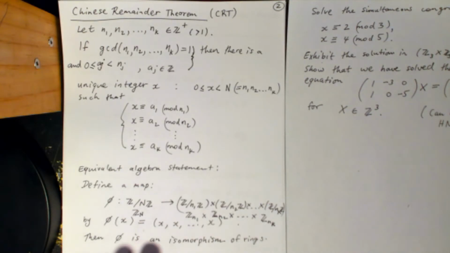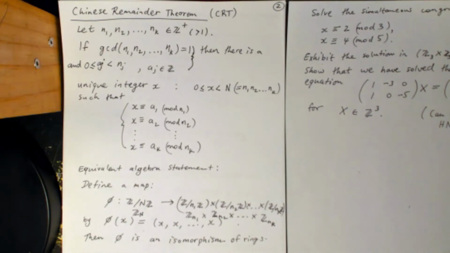And there's an equivalent algebraic statement saying that there's a ring isomorphism between integers mod n, uppercase n, which is the product, and the Cartesian product of all of those divisors of uppercase n.